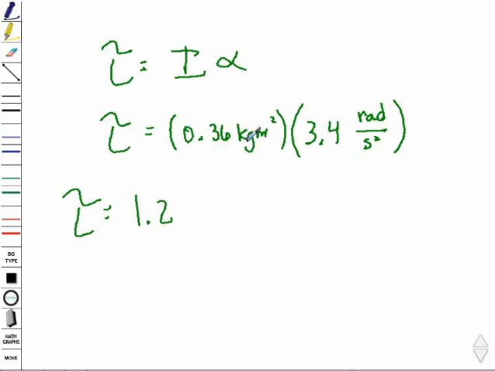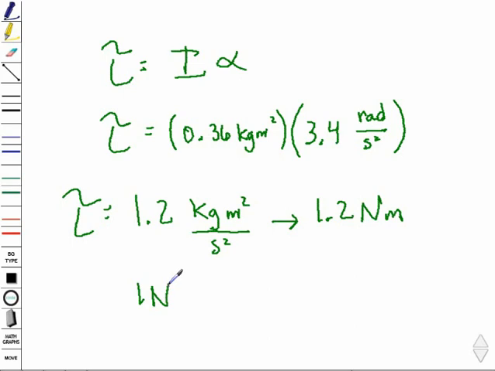We have kilograms meters squared per second squared. Another way that you can write a torque unit would be as 1.2 Newton meters, because 1 Newton is a kilogram meter per second squared. You can see we have a kilogram, there's our second squared, and if we just take one of those meters, we can substitute in the Newton. That's where they get the Newton meter. So we've solved for the torque in the problem.